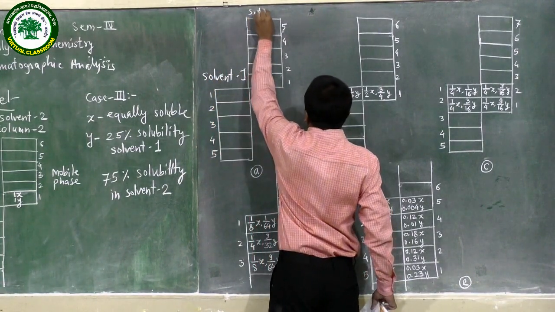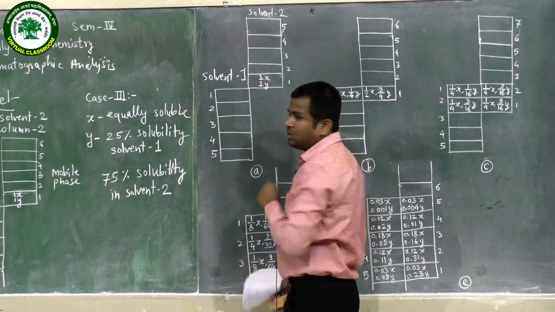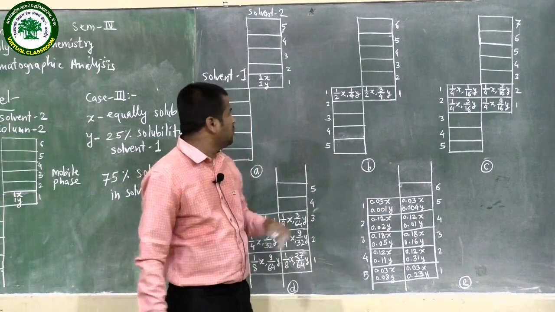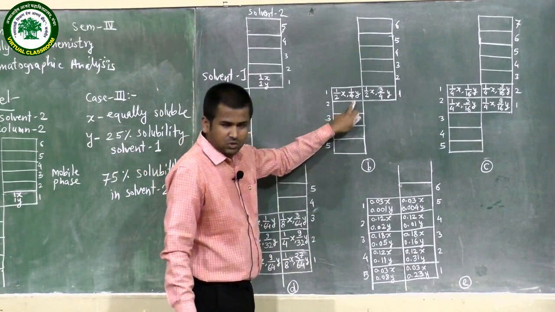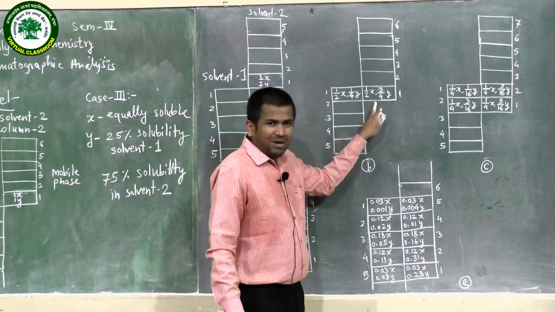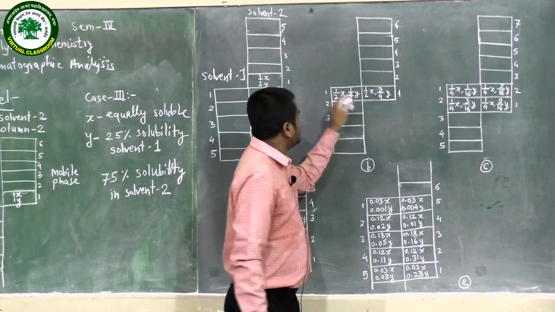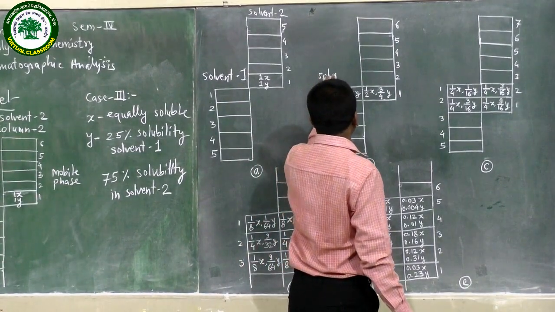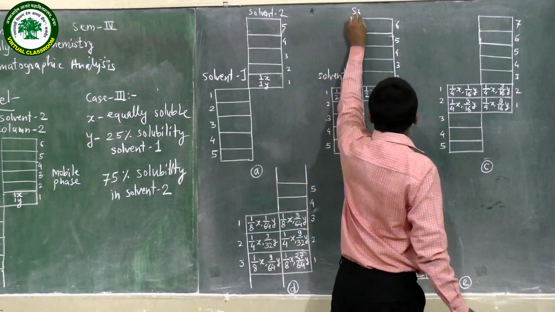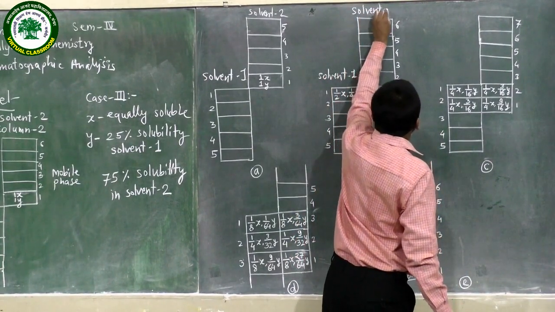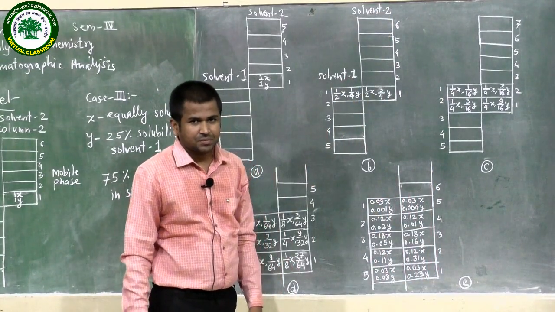And y is 25% soluble in solvent 1, that is 1/4, and 3/4, that is 75%, solubility in solvent 2. So this is solvent 1, or we can say column 1 or the stationary phase, and this is solvent 2, or column 2, the mobile phase.